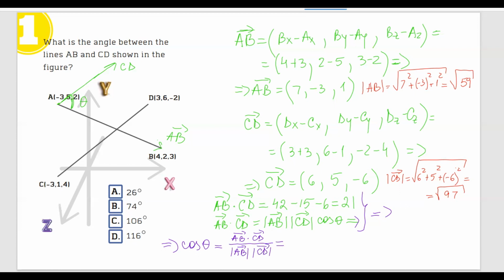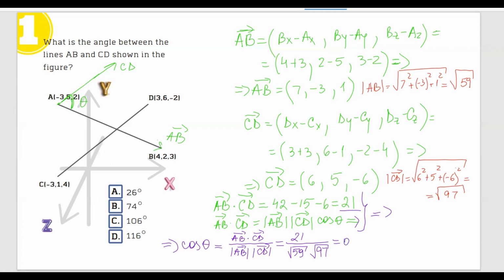And we know the dot product we calculated here is 21, divided by square root of 59 multiplied by square root of 97. Use your calculator to calculate that.